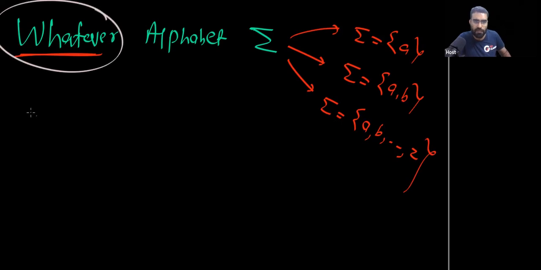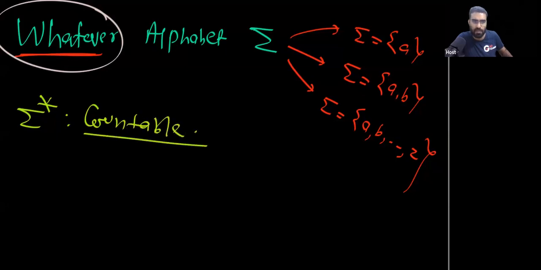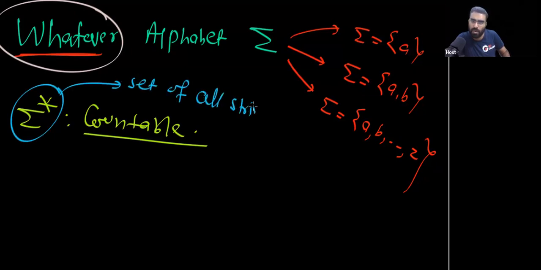Whatever alphabet you take, these two things will happen. First, sigma star will always be countable, because this is the set of all finite length strings. And what is the power set of sigma star?